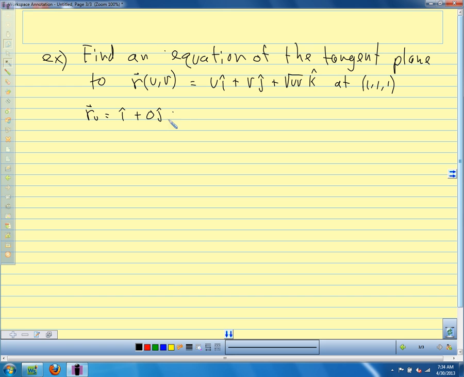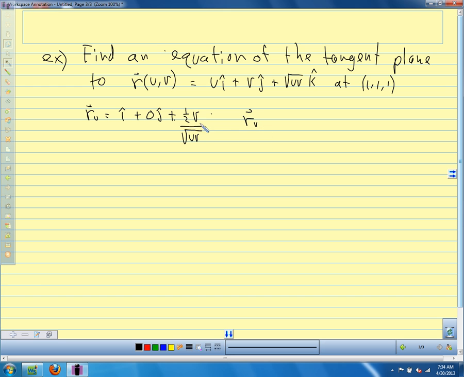And then what do we get for our k component? 1/2 v over square root of uv, right? Everybody agree? Yes? Okay.